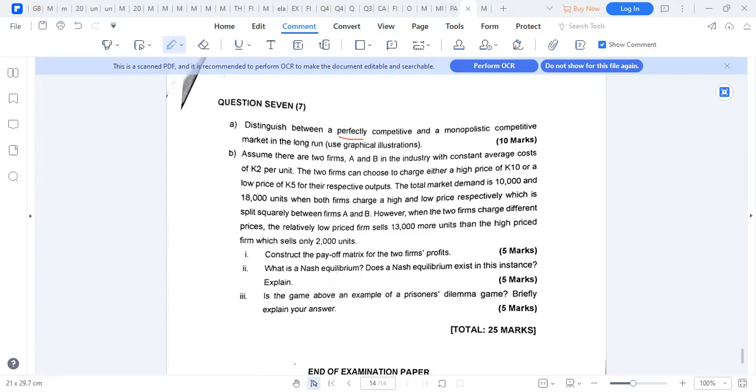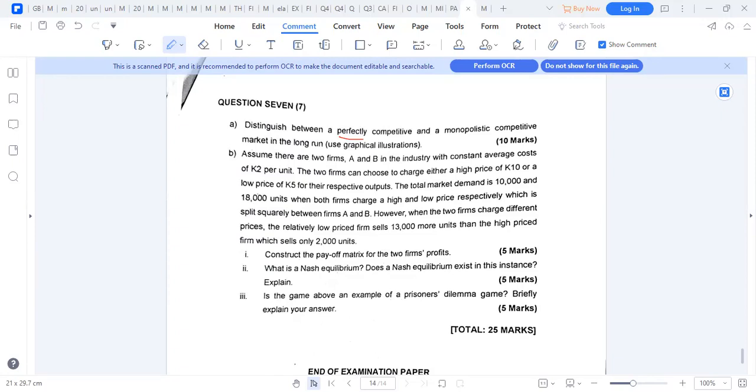When we look at the products, the monopolistic have limited market power with differentiated products, whilst in the perfectly competitive market, they sell homogeneous products. Their products are the same.